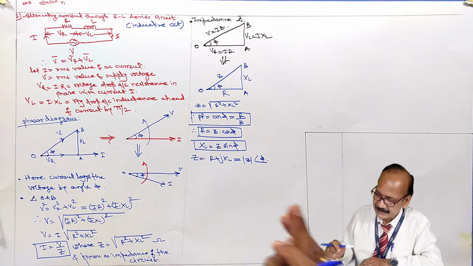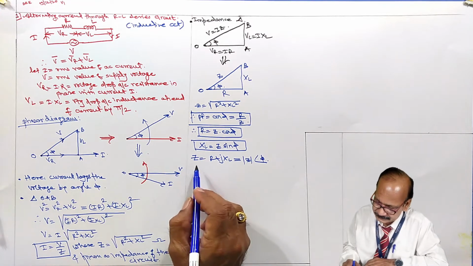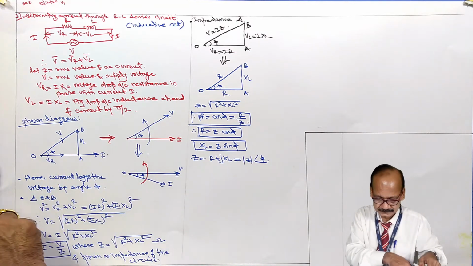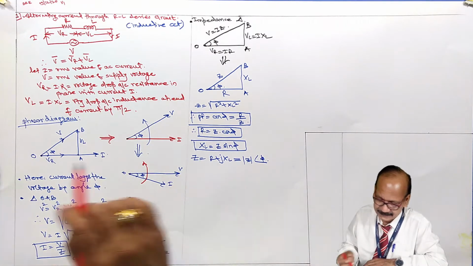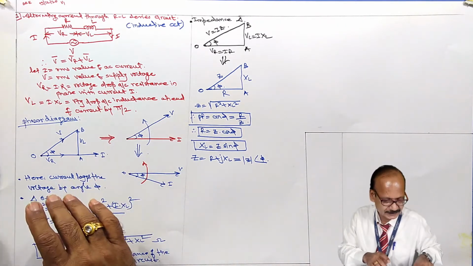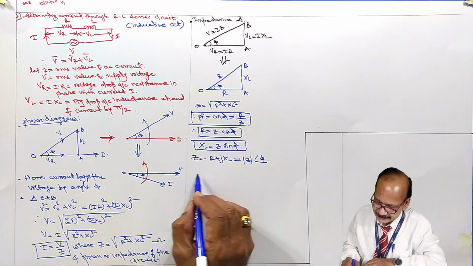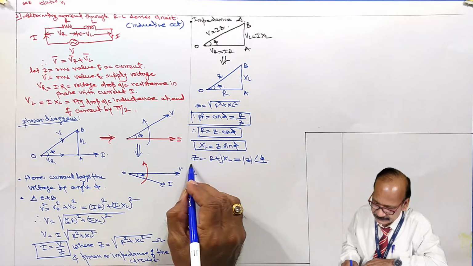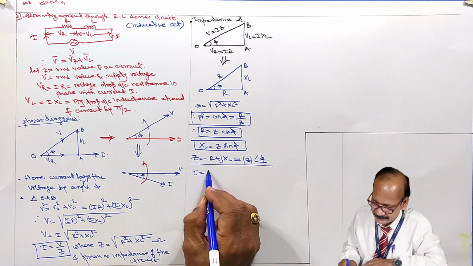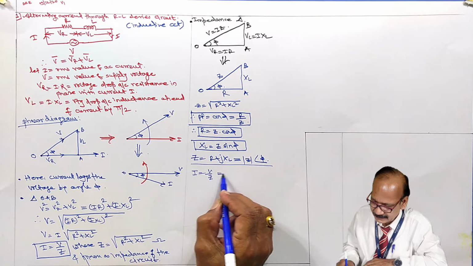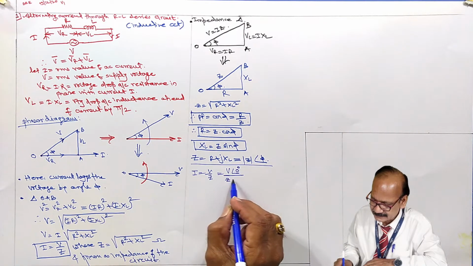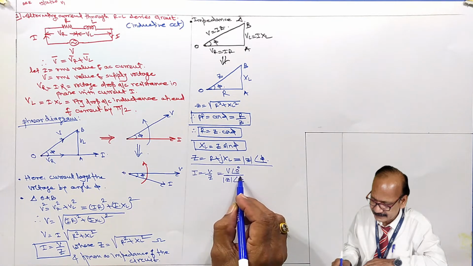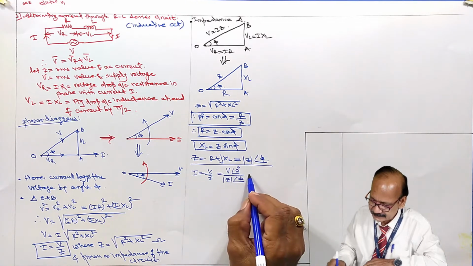Now here we can draw the waveform. Or otherwise, from this we can write I equal to V upon Z. Let V equal to V angle 0 degree, and Z equal to Z angle phi degree.